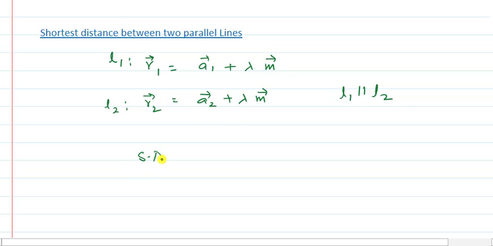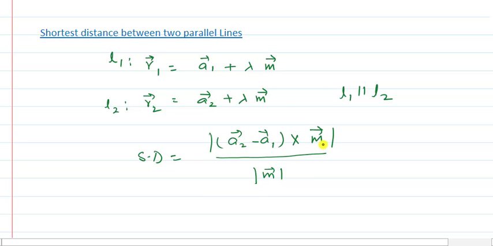In this case, the shortest distance between these two lines will be modulus of (vector A2 minus vector A1) cross vector M, upon modulus of vector M. Means instead of taking the difference of these two, as in the case of shortest distance between skew lines, we'll just take the cross product directly with the subtraction of the passing points and divide by the modulus of the direction vector we get from the direction ratios of the line.